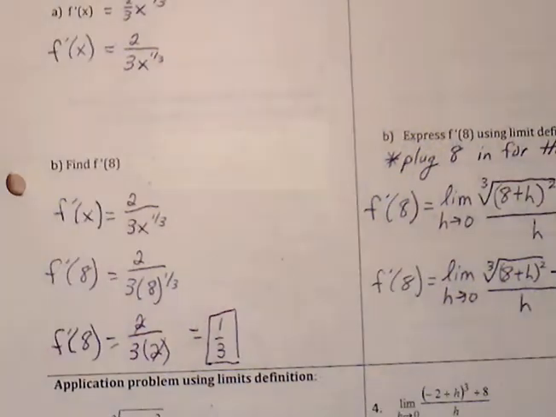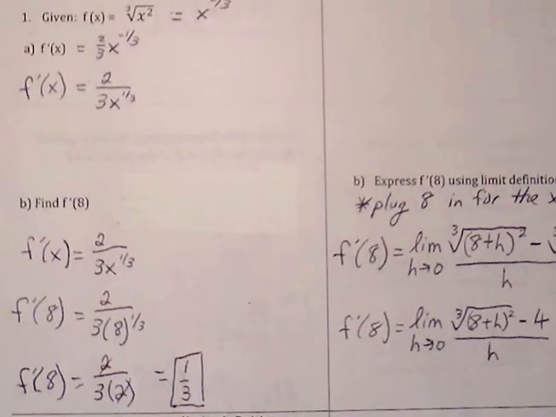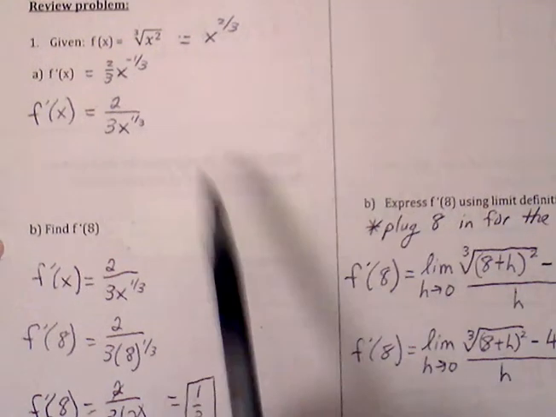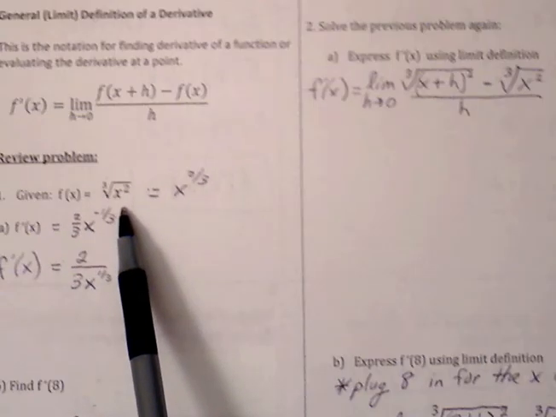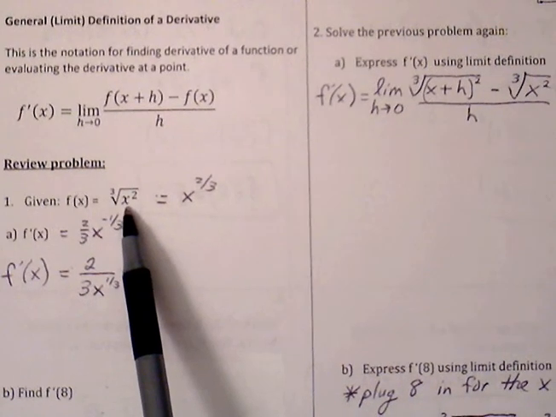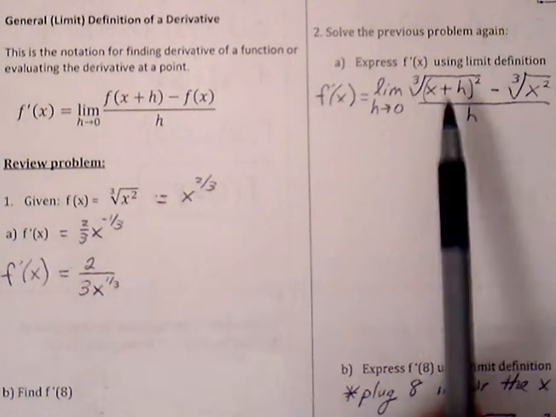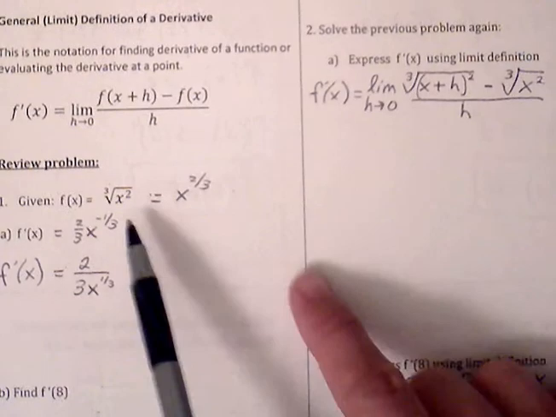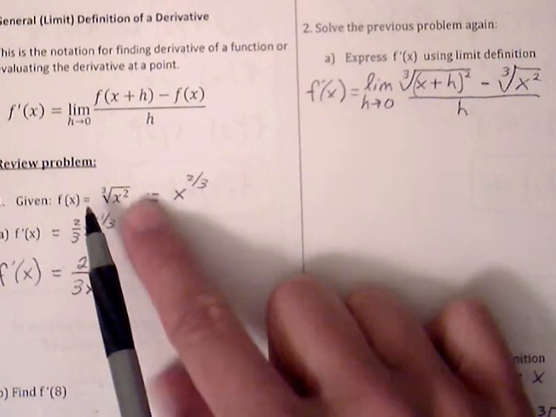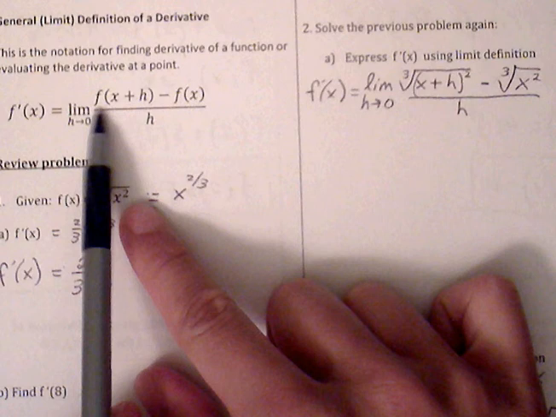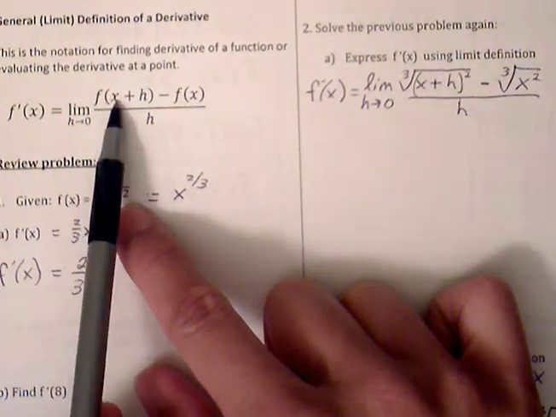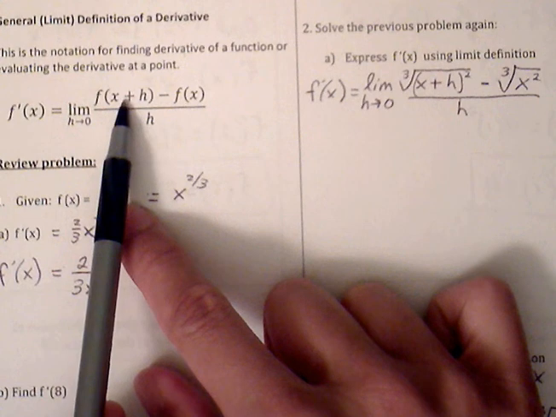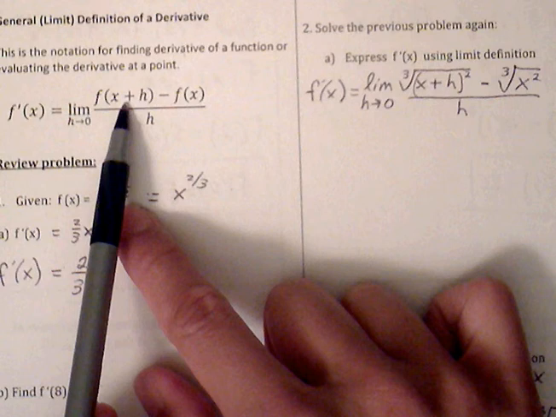Now let's go back and approach the same function using the limit definition. The limit definition says that we take the function and plug it into this form. This notation says take every x that you see in the original function, pull it out, and in place of it, put x plus h.